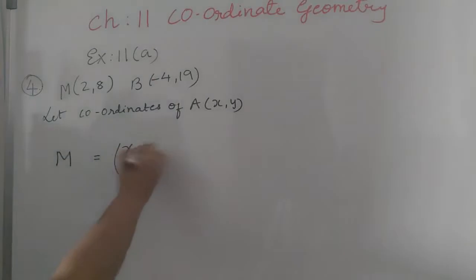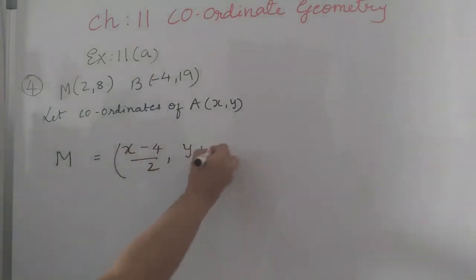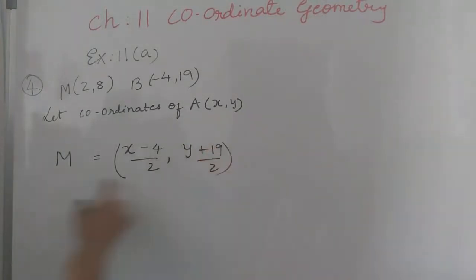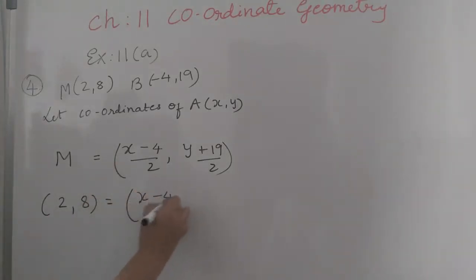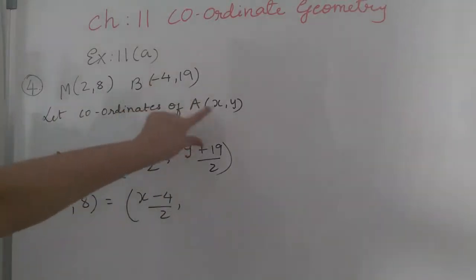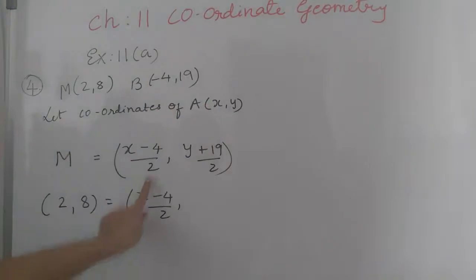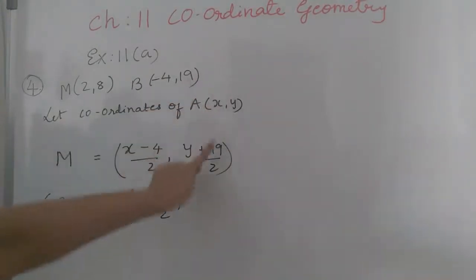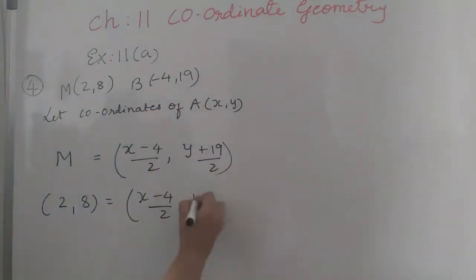AB is the line segment, so (x minus 4) by 2 and (y plus 19) by 2. M is (2, 8), so I write (2, 8) as the midpoint. These are the values of our A and B: A means x, B means minus 4, by 2, and y plus 19 by 2.